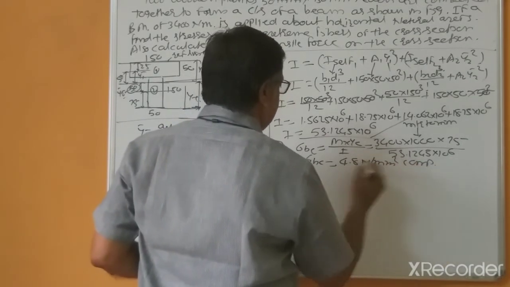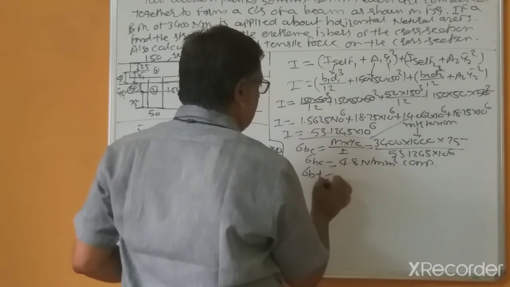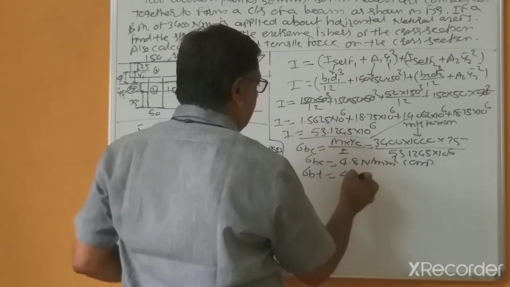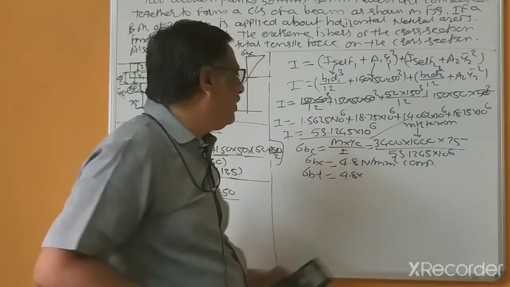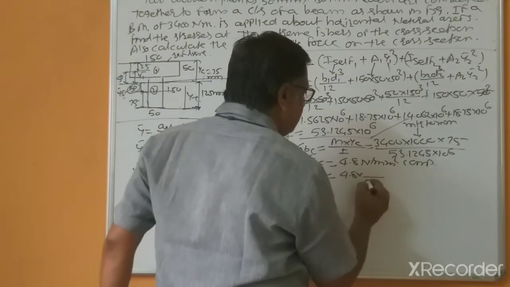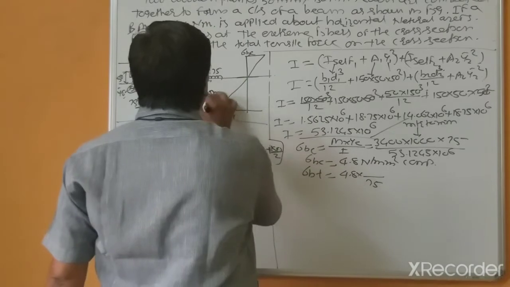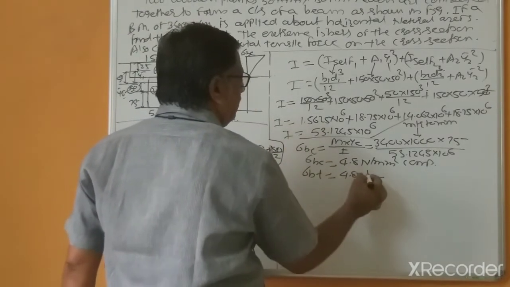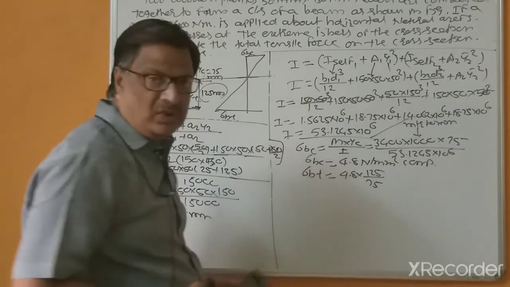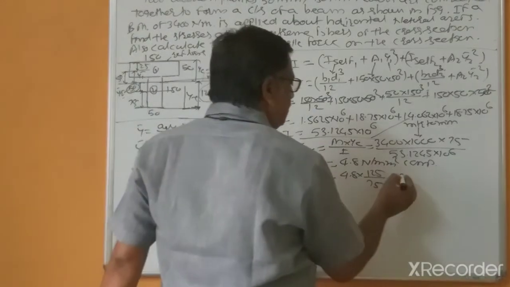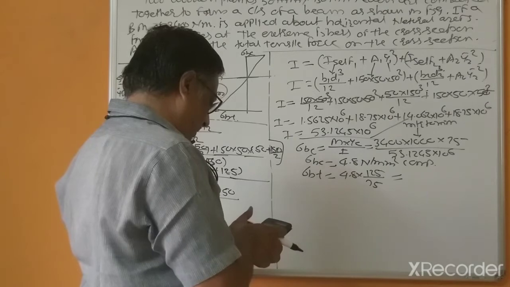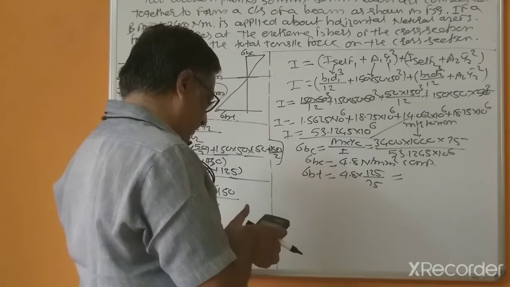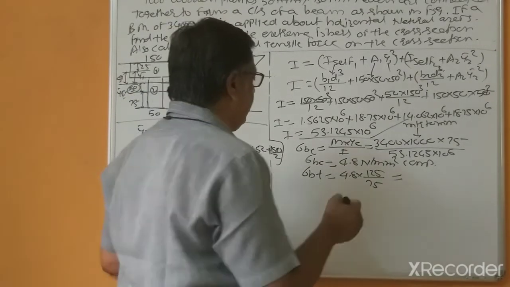This is compressive, and sigma BT equals 4.8 multiplied by 75, so divided by 75, and this multiplied by this 125. So this is the short method: multiplied by 125 divided by 75 equals 8.